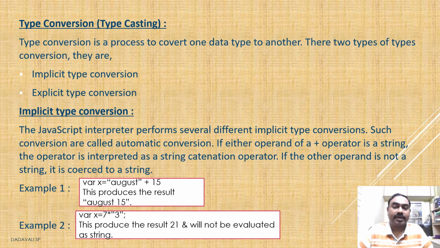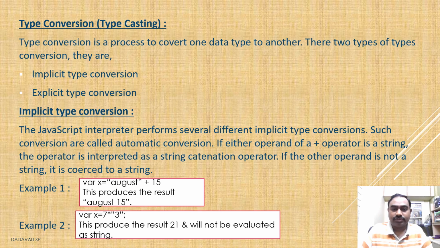If either operand of a plus operator is a string, the operator is interpreted as a string concatenation operator. If the operand is not a string, it is converted to a string. Here you can observe one example: variable x equals, within double quotes, August is the string, plus 15 is the number.